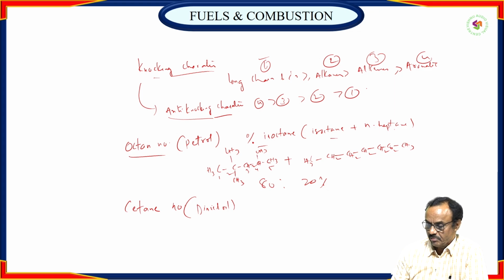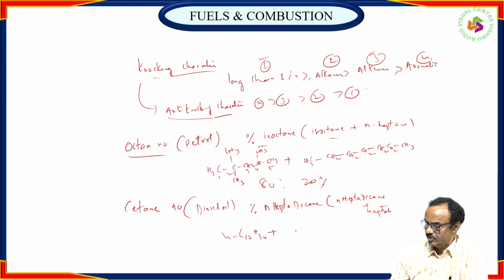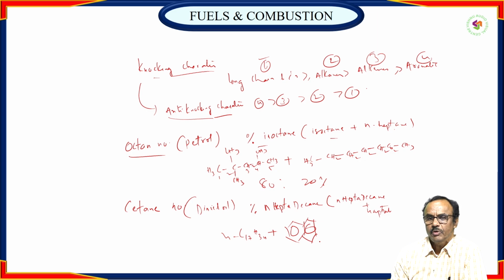Cetane number can be defined as the percentage of N-heptadecane or octadecane, C17H34 straight chain, in a mixture of N-heptadecane plus naphthalene, which is aromatic. So it is completely the reverse of the petrol engine.